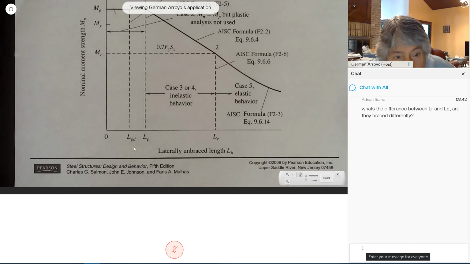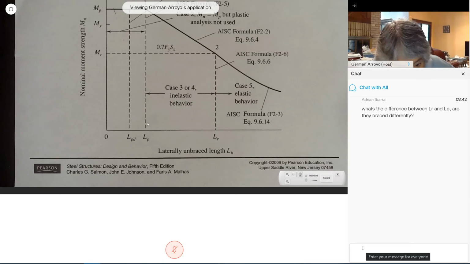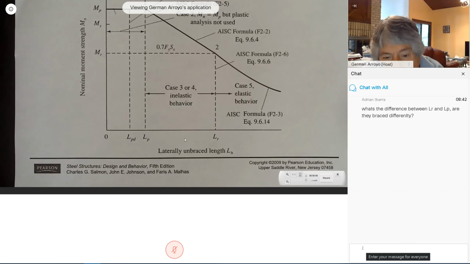Between this point and this point, you develop moment between M sub P and M sub R. So L sub P indicates the plastic moment. L sub R indicates this moment 0.7 Fy Sx. And each section has their own value of L sub P and L sub R. This is a property of the section, of the geometry. Any other questions?